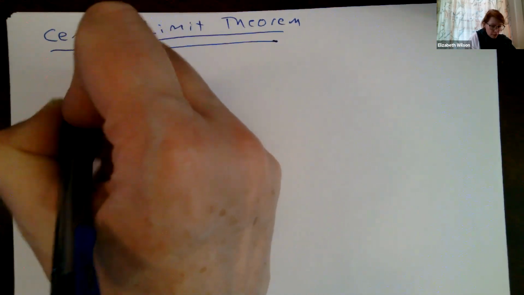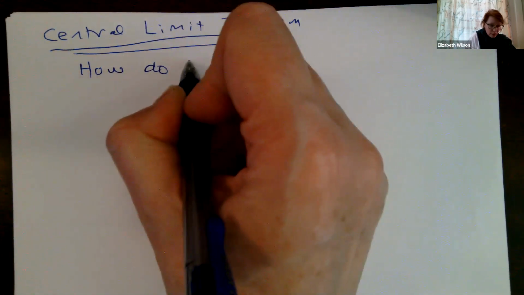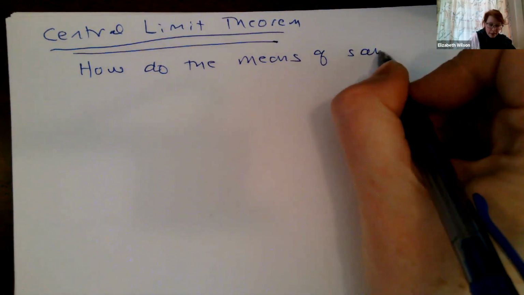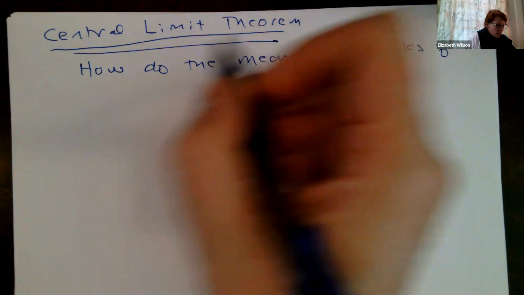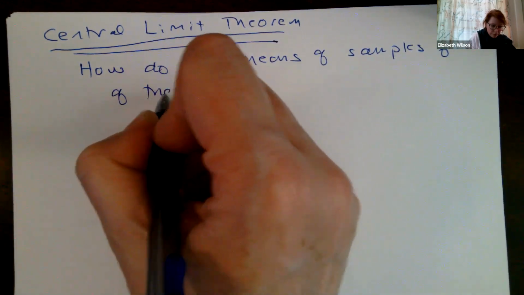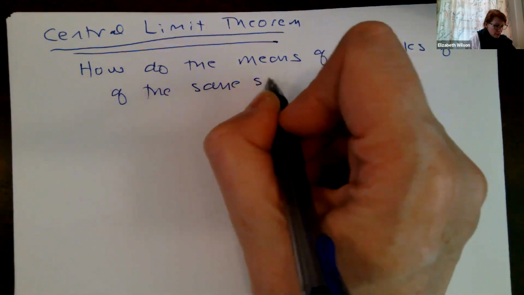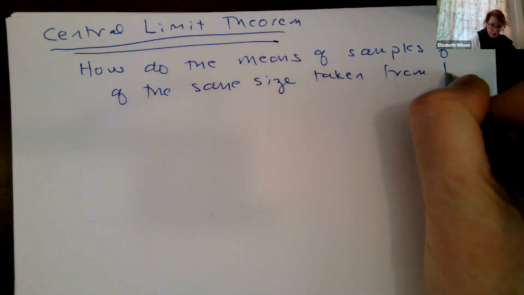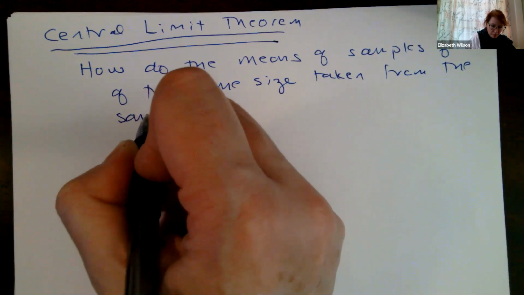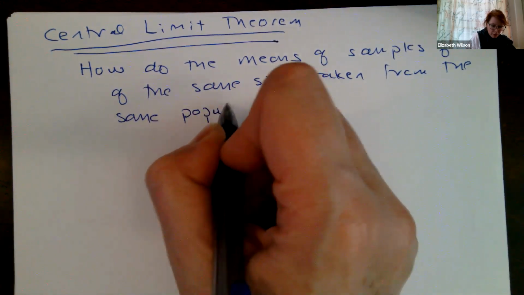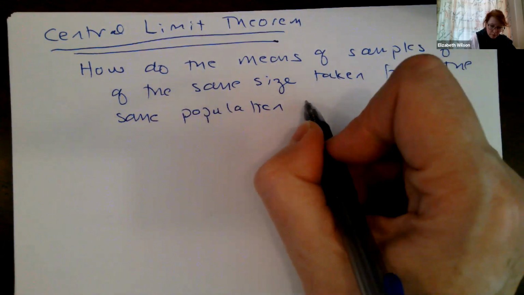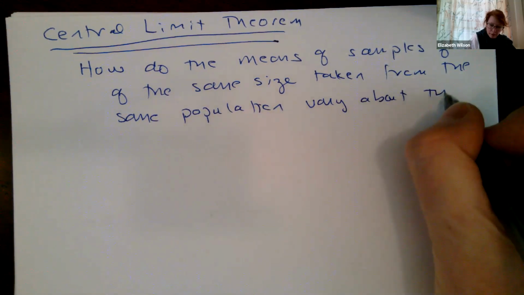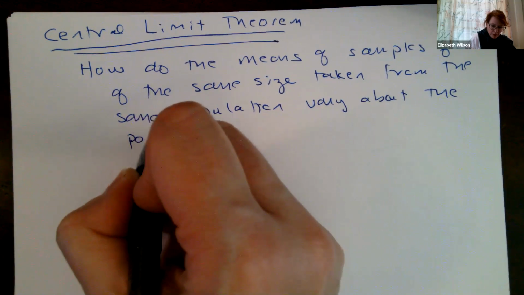So the central limit theorem. We're going to ask: how do the means of the samples of the same size taken from the same population vary about the population means?